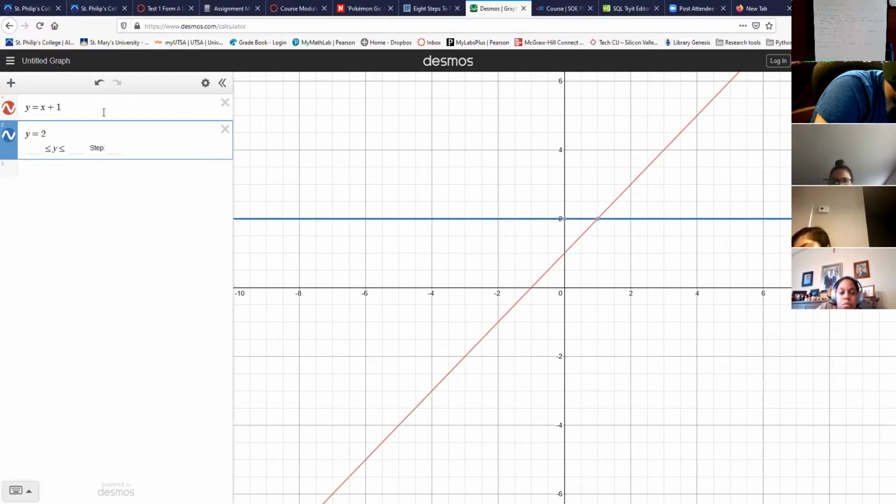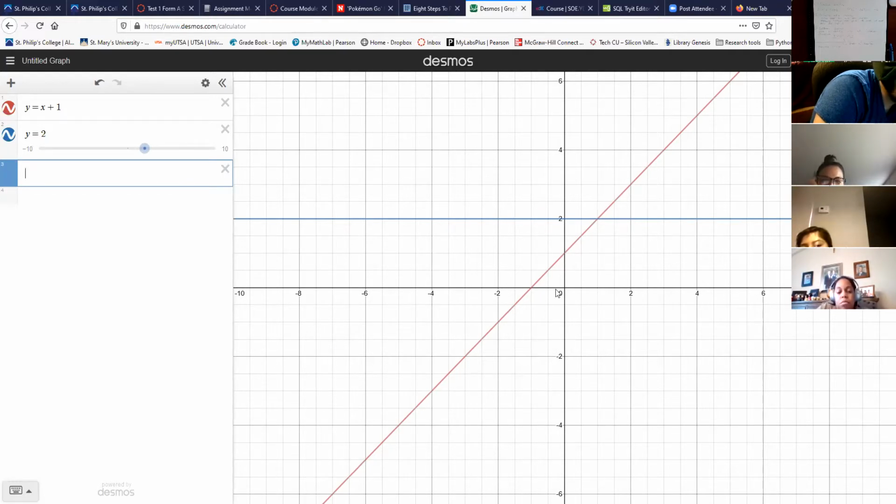See the blue one right here is y equals 2. The red, of course, is the line x plus 1, slope of 1. So what they're gonna do is basically cut off this lower part of the red graph. See this intersection right here? They'll cut everything below and then connect it to the blue one. Or they'll delete everything above it and connect this lower red one to the right here.